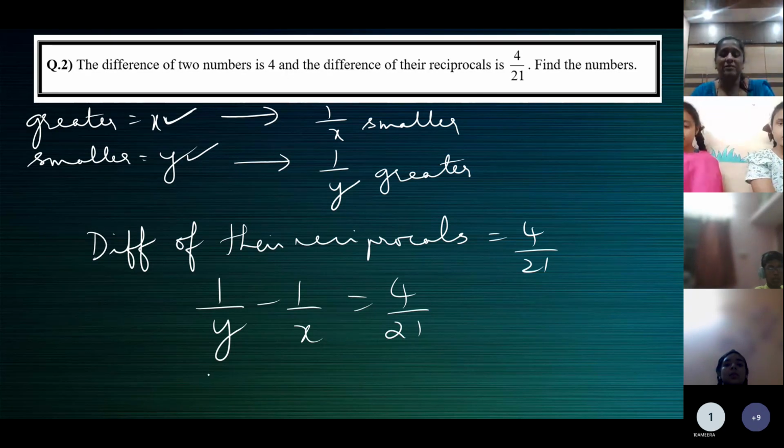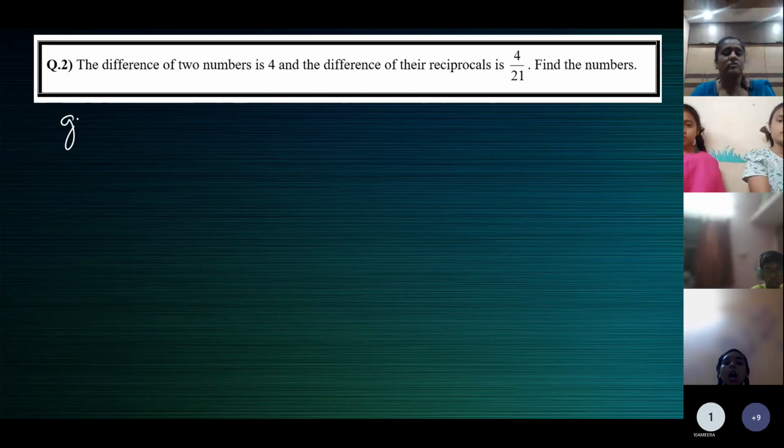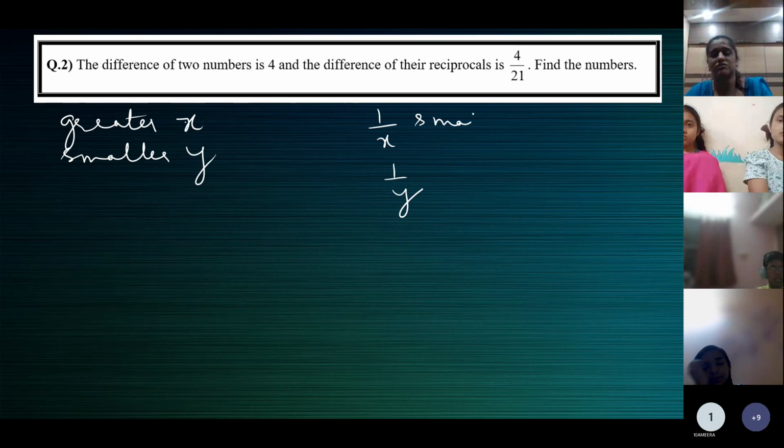1 by y minus 1 by x is equal to 4 by 21. Let's do it again. So the greater number is x, the smaller number is y. But when you compare the reciprocals 1 by x and 1 by y, x is greater, but here this is small, this is big.